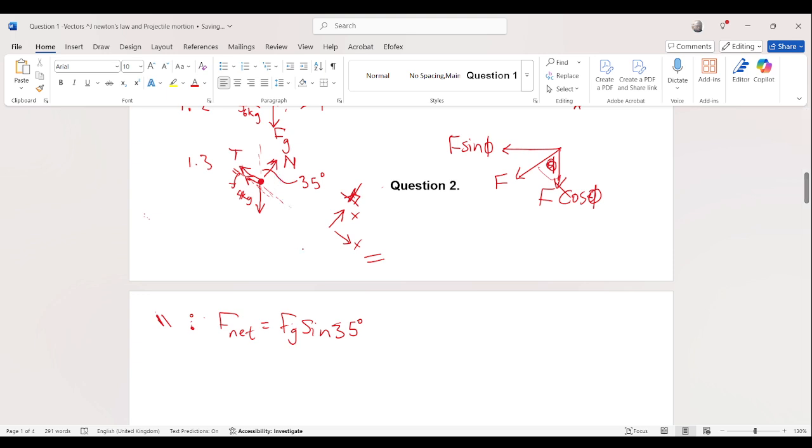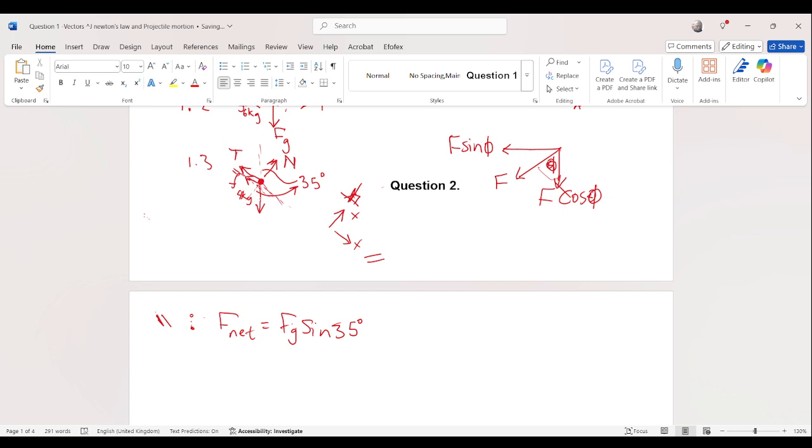I have said that if you are trying to resolve the components, this angle also is 35.